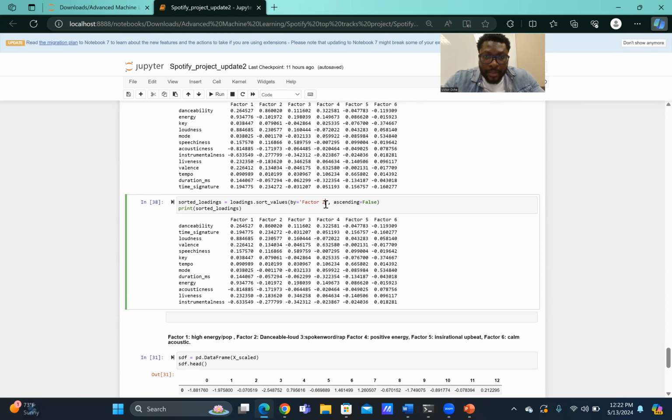Factor three. Factor three prioritizes speechiness, liveness, energy, loudness, danceability, and tempo, almost like small variations from the first two factors. And then it keeps mode, key, and valence on the other hand.